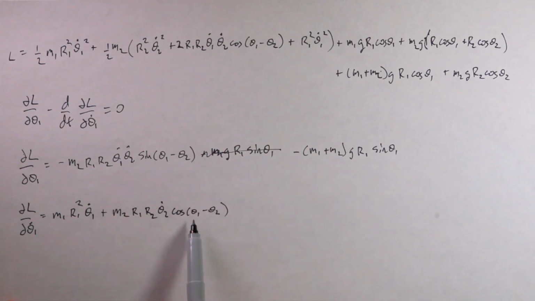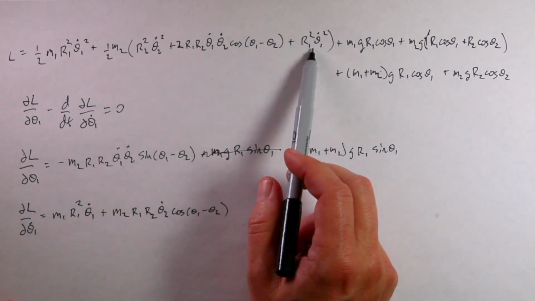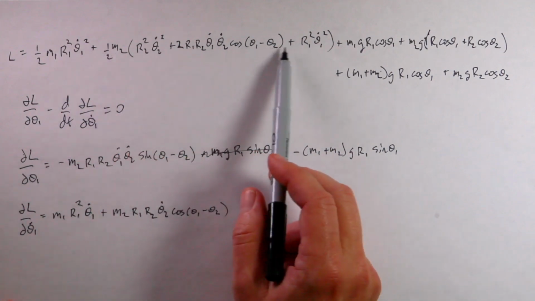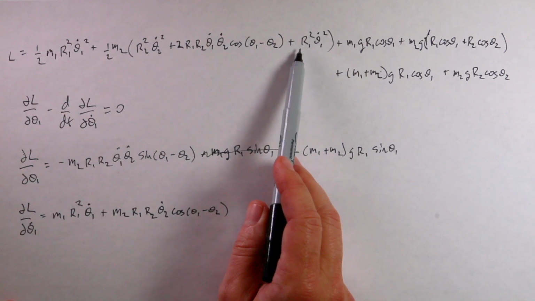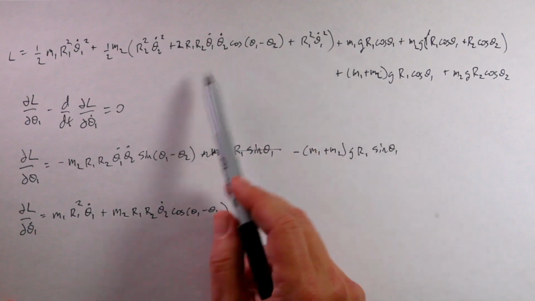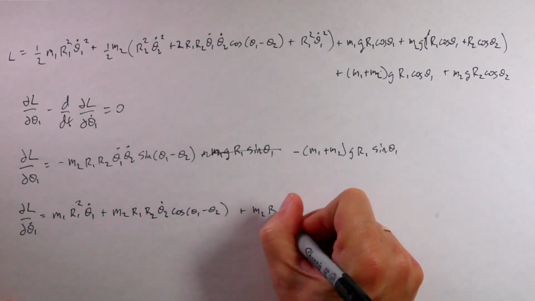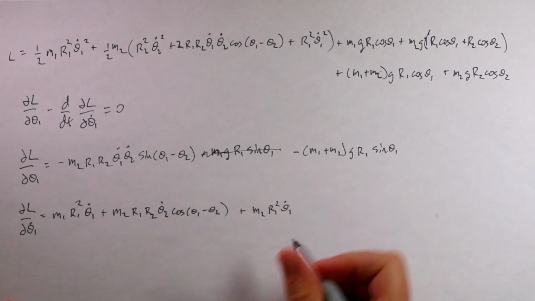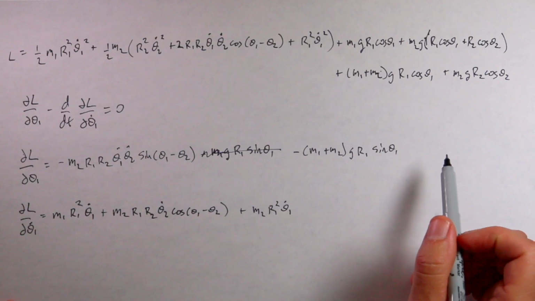Those are constants as far as that goes, so I don't have to take the derivative of that stuff. Okay, now I'm looking for another theta 1 dot. Here's one right over here, and that's going to be 1/2 m2. I take the derivative, the 2 comes down front, and I get plus m2 r1 squared theta 1 dot. And then there's no more theta 1 dots.